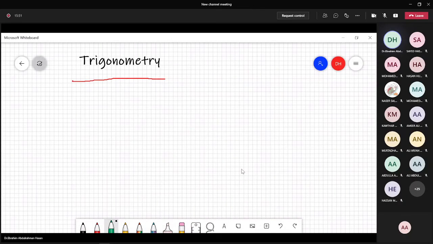Here I want to find some relations and some angles, which are very important and useful, and we need them for other topics, especially when we calculate the period of a signal and when we talk about Fourier series, so we need many identities.